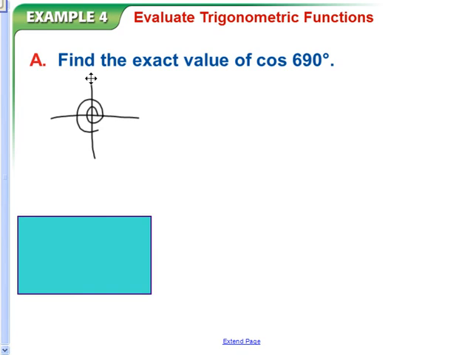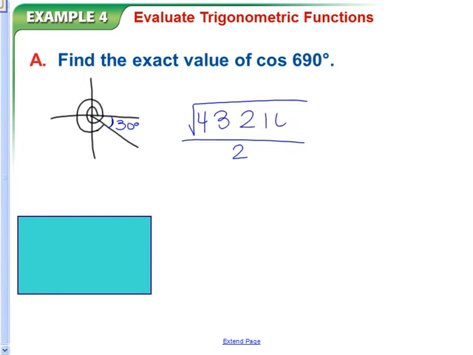So our reference angle connects to the closest x-axis, and it's 30 degrees shy of that. So how do you find the exact value of cosine? It's the square root of something over 2. Cosine was 4, 3, 2, 1, 0.